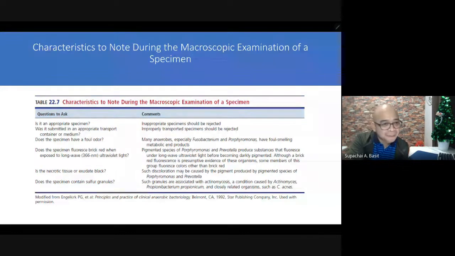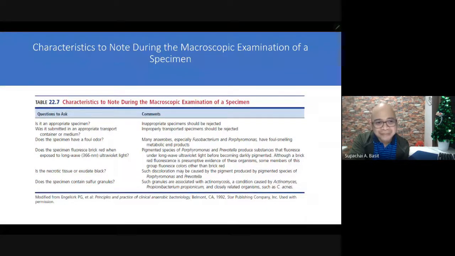Okay? Was it submitted in an appropriate transport container or medium? Kapag improper yung medium, then it should be rejected. Does the specimen have a foul odor? Qualification pala dapat mabaho. Kasi anaerobic bacteria, most of them have a foul-smelling odor.